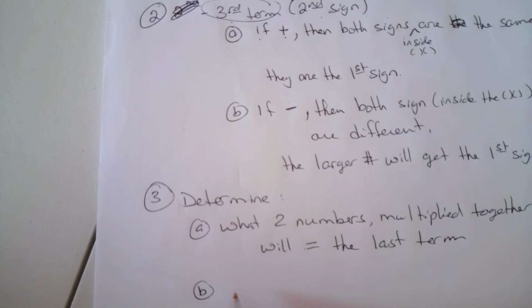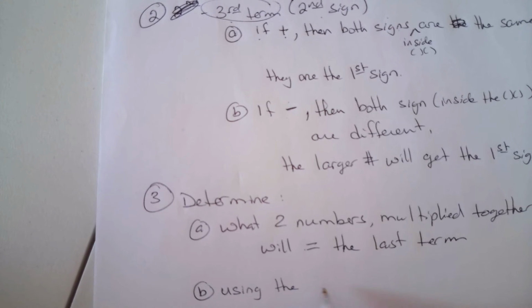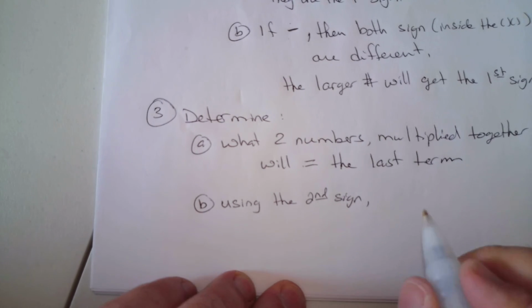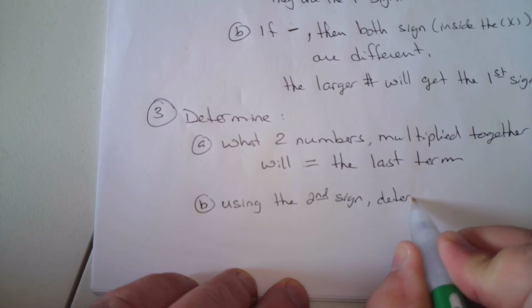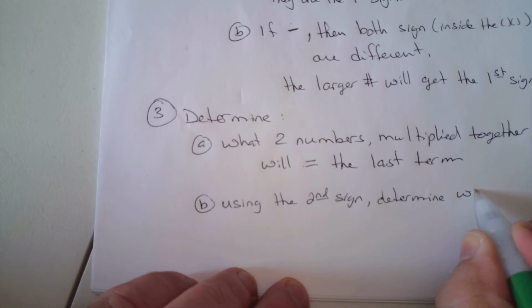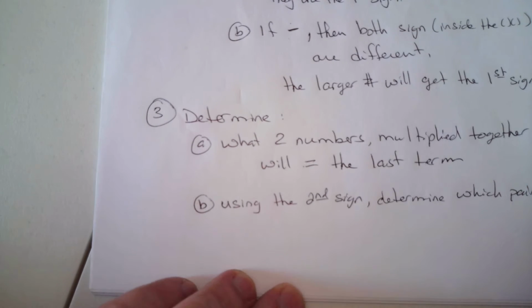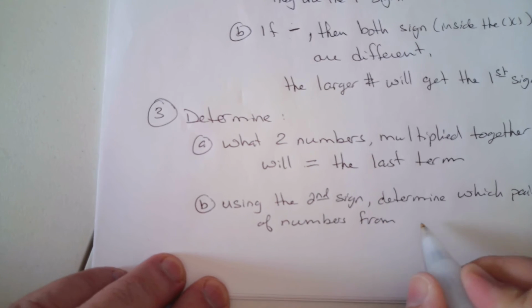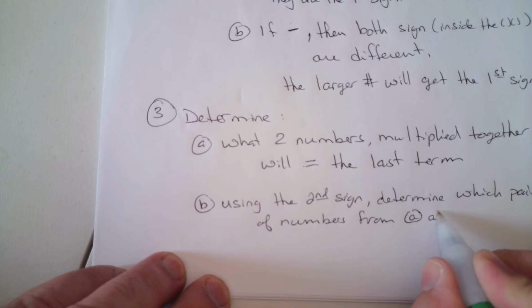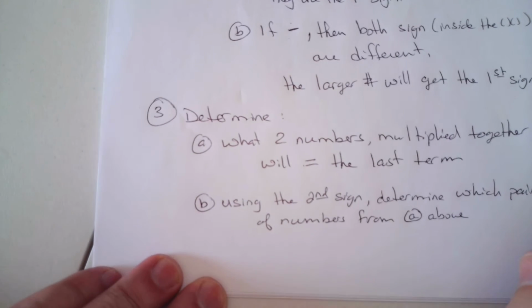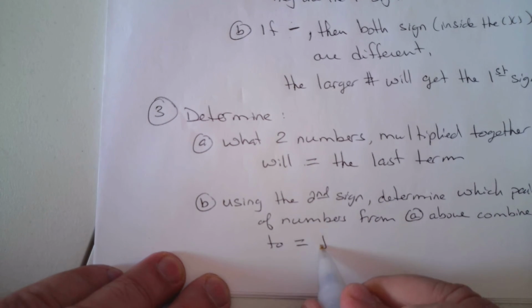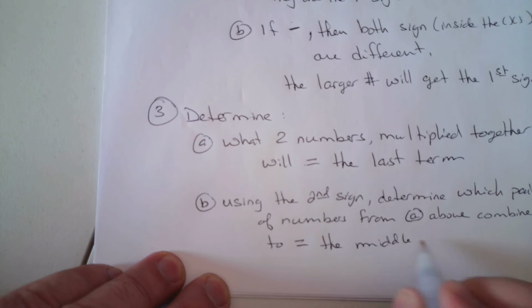Then, using the second sign, determine which pair of numbers from A above combine to equal the middle term.